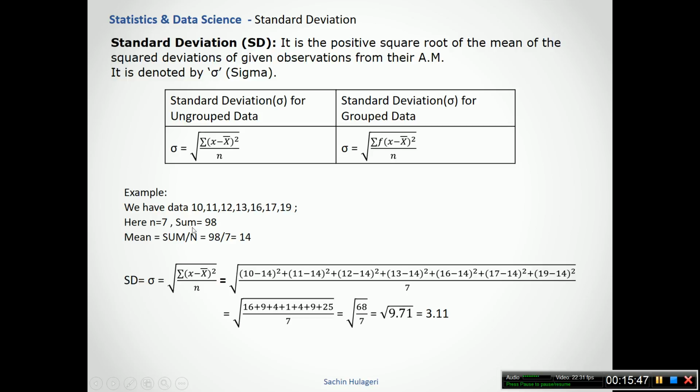Each observed value is deducted by the mean value, meaning 10 minus 14 squared, 11 minus 14 squared, and so on. We take the total sum and divide by the number of observations. The final value comes to 3.11. This is the standard deviation, meaning the standard deviation of the data from the central value is 3.11.